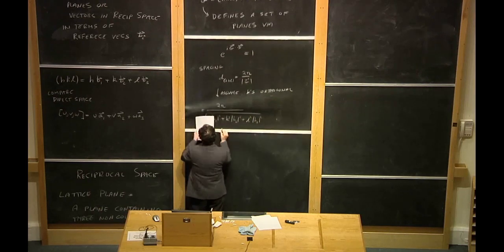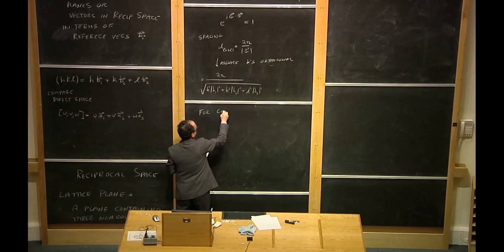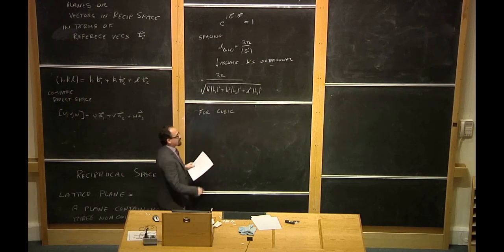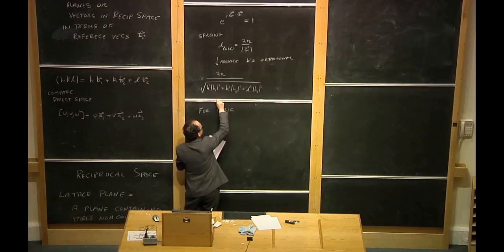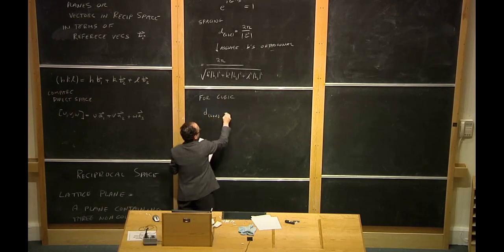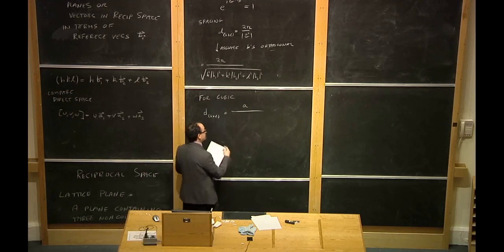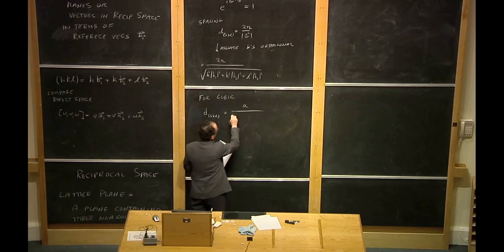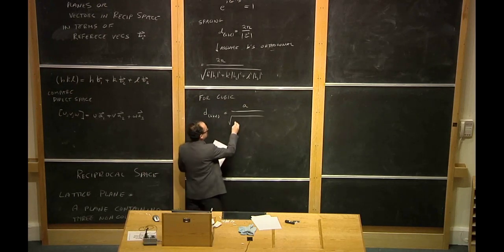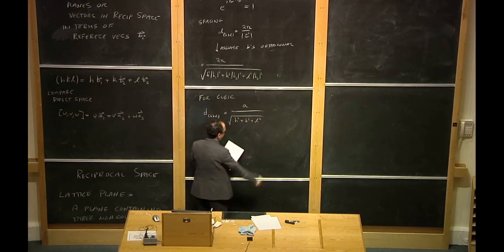Okay. And for cubic lattice, where A1, A2, and A3 are the same length and orthogonal to each other, therefore B1, B2, B3 are the same length and are orthogonal to each other, the spacing d_hkl is a, the length of the conventional unit cell in direct space, over the square root of h squared plus k squared plus l squared.